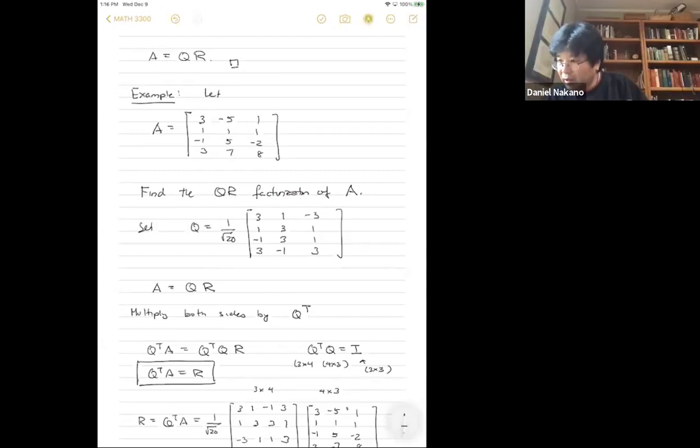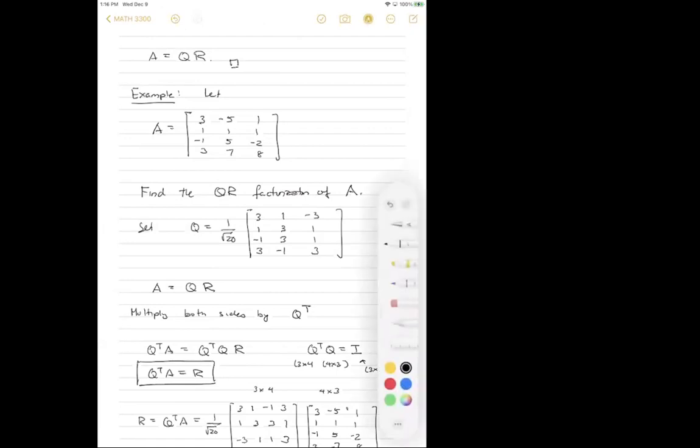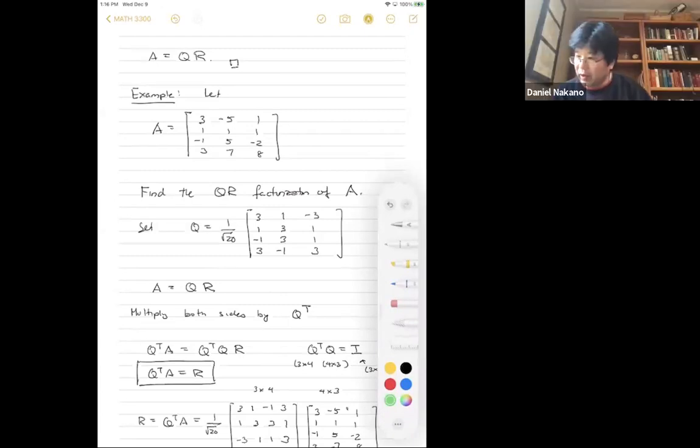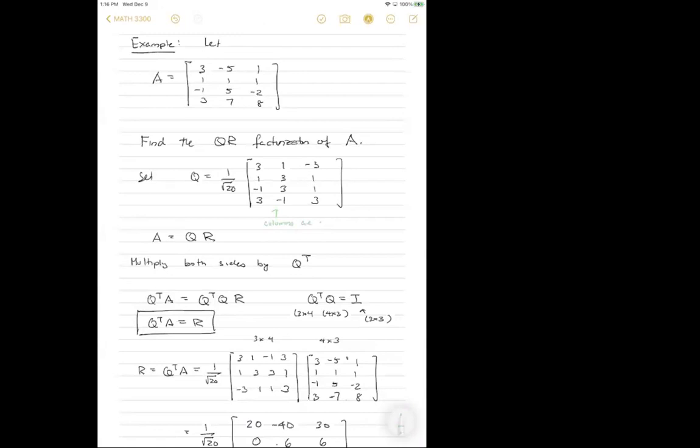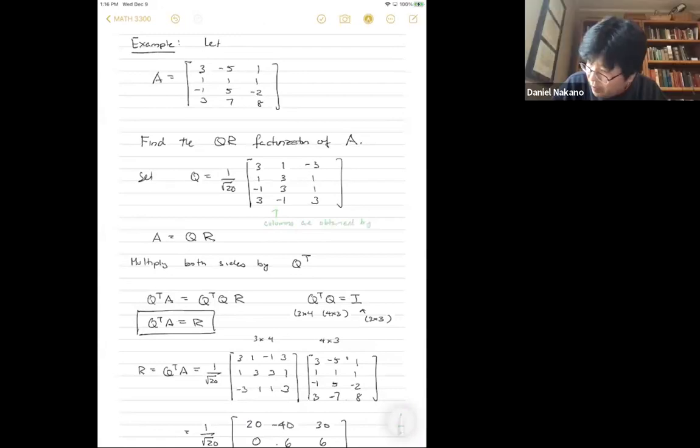So let me write this out a little bit more carefully. I'll write it in green. So the columns here are obtained by using Gram-Schmidt on the columns of A, and normalizing.